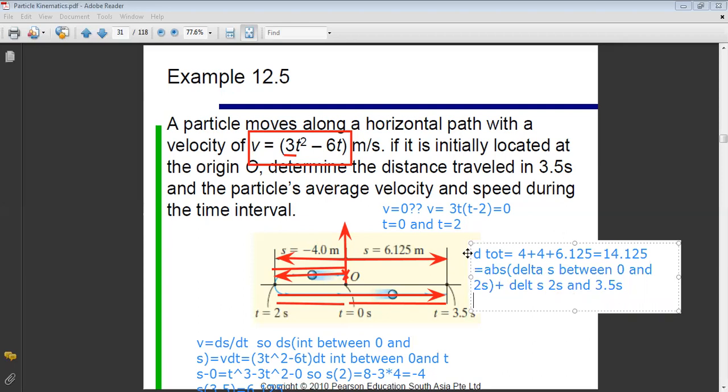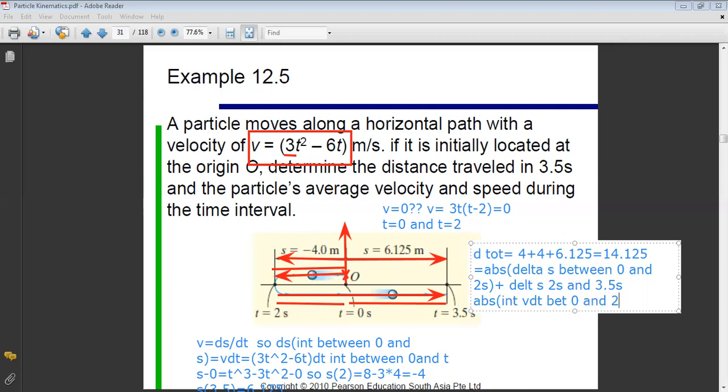For delta s, it is the integral of v dt, okay? So for the first part, the absolute delta s between 0 and 2 is the absolute value of the integral of v dt between 0 and 2.